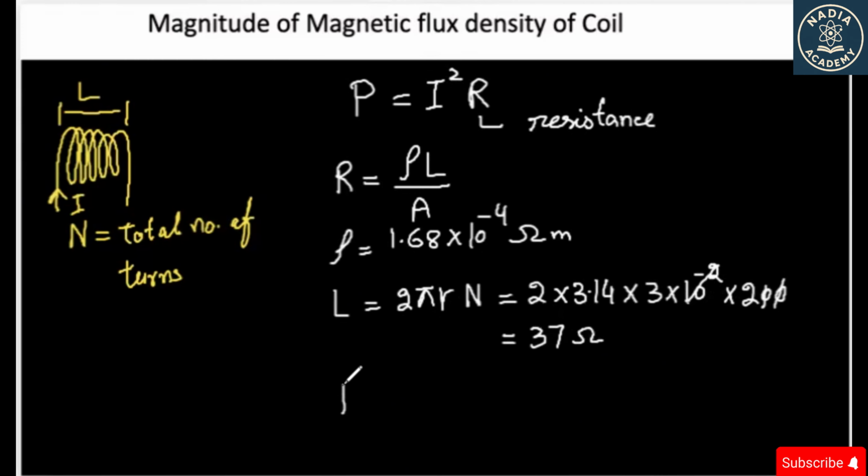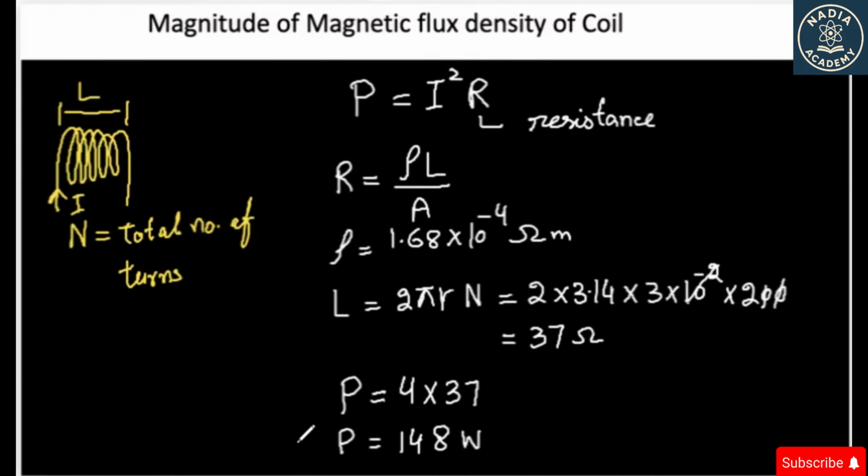Now the power dissipation P is I squared R. The current which we give to this coil is 2, and 2 squared is 4, times 37, which is the resistance of this wire. So this is 148 watts. That is the power.